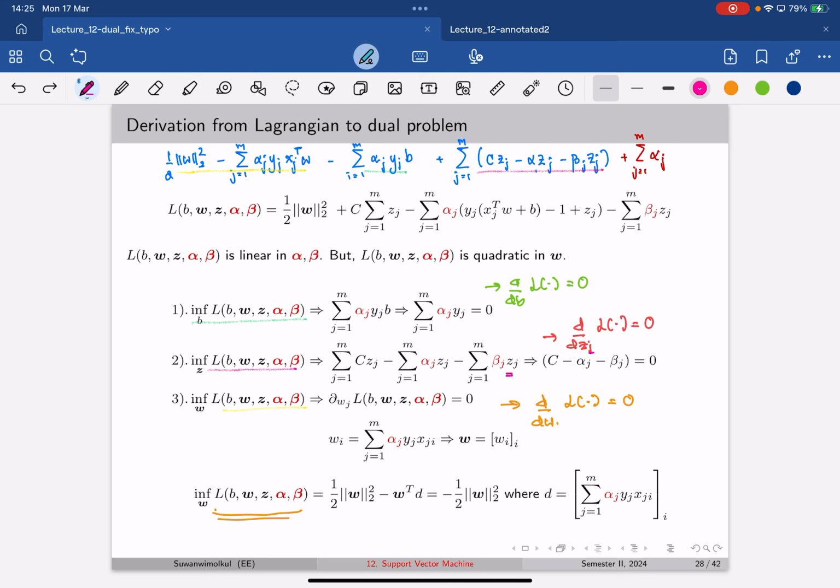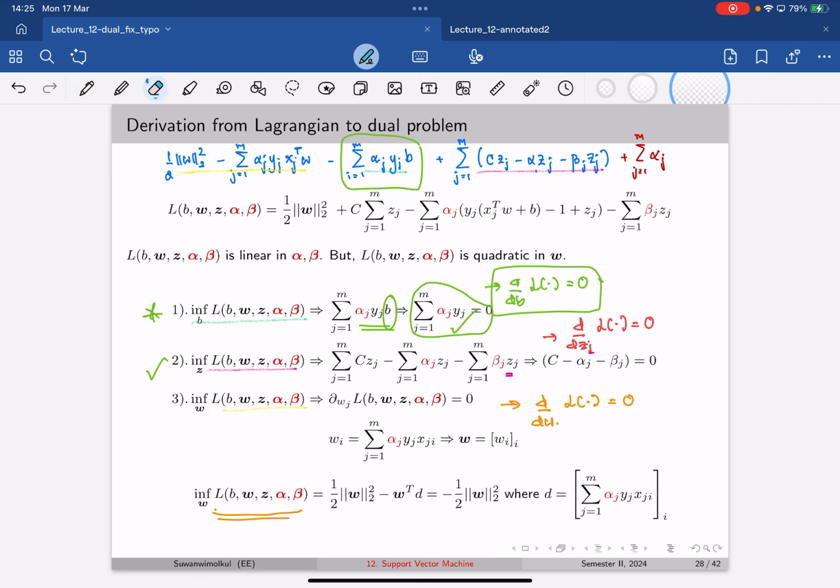For example, if we take the derivative with respect to the bias, we will only consider this one term. We take the gradient and equate that to 0. Because this is an affine function with respect to b, the only way to cause this term to equal 0 is for the summation of alpha j and yj to go to 0, so that it provides the infimum value with respect to the b parameter.